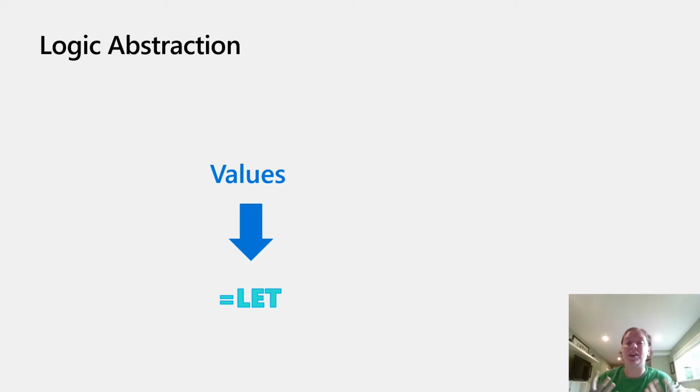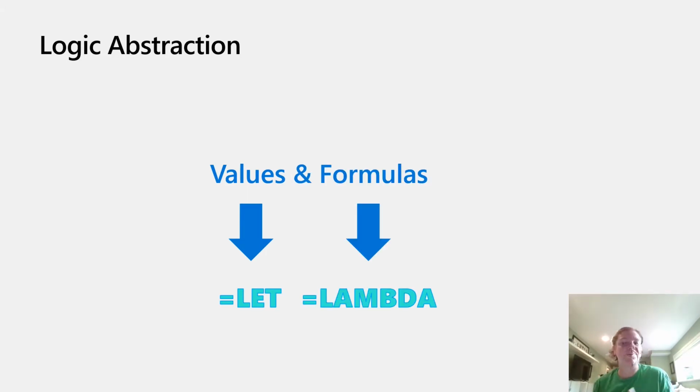It's the outcome that you might have from a calculation. And then we have formulas. That's all the logic, the part where you're thinking through and putting values together to form some sort of process for thinking things through. And that's where Lambda comes in. Lambda is what you want to use for formulas, and LET is what you're going to want to use for a specific value in your formula.